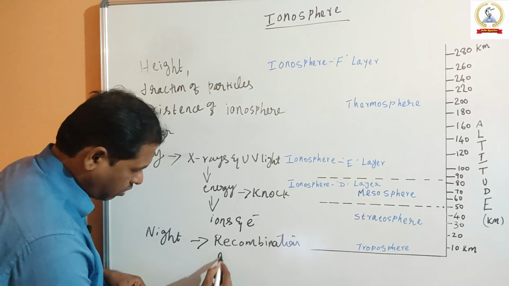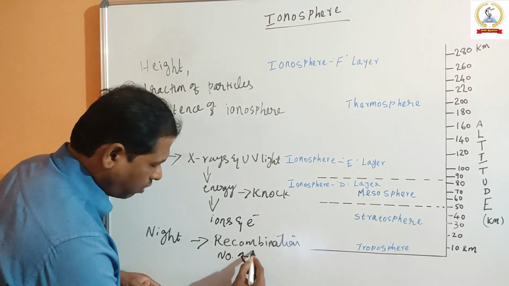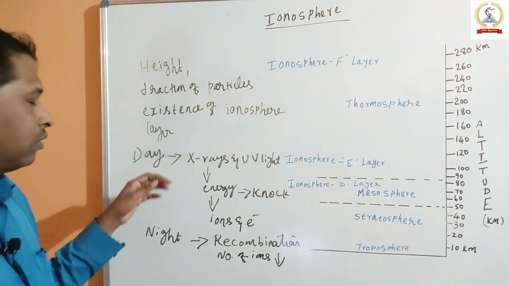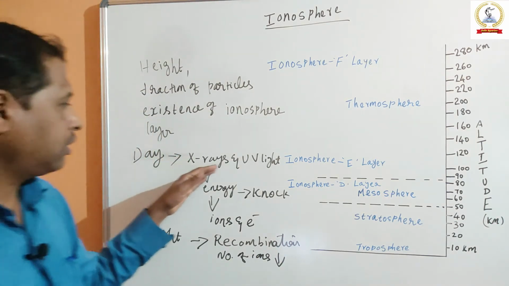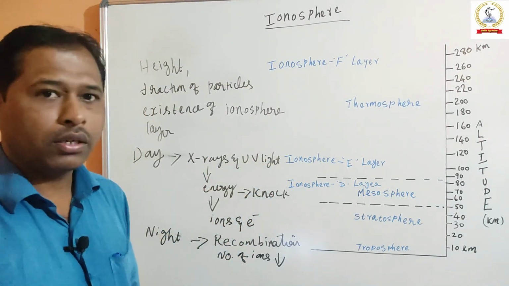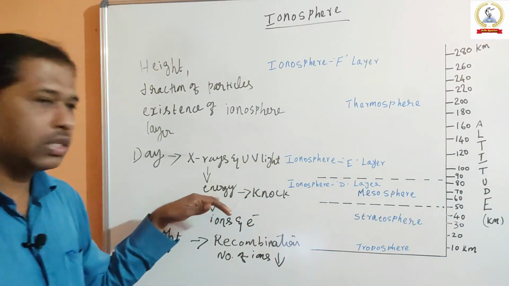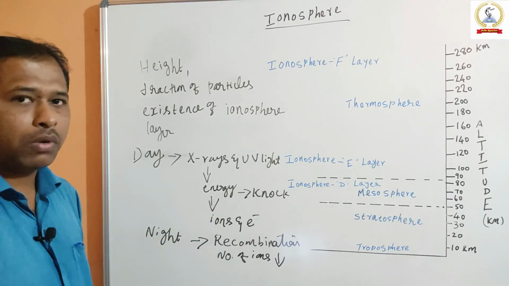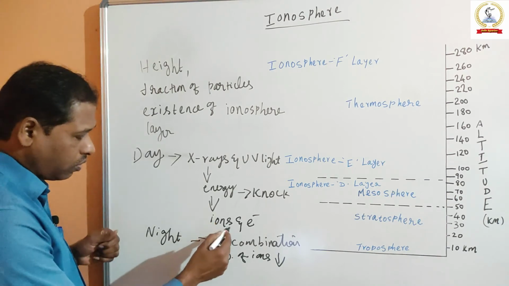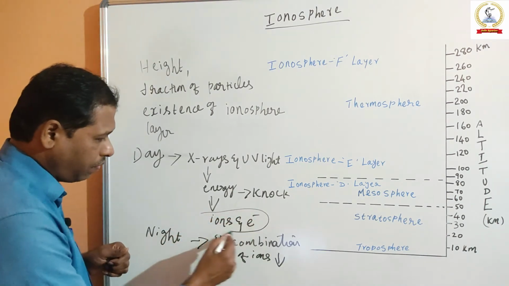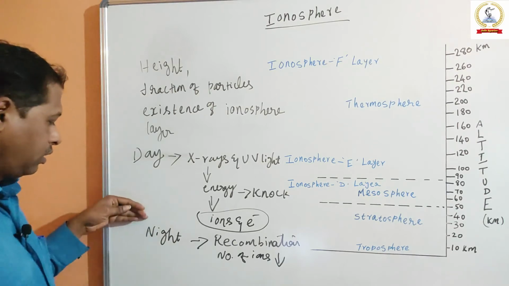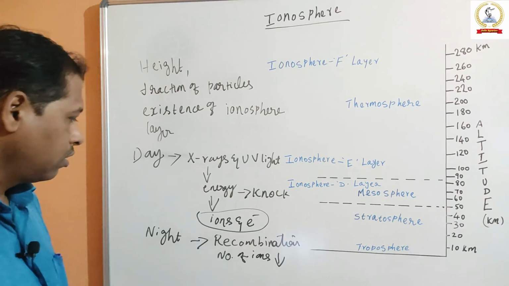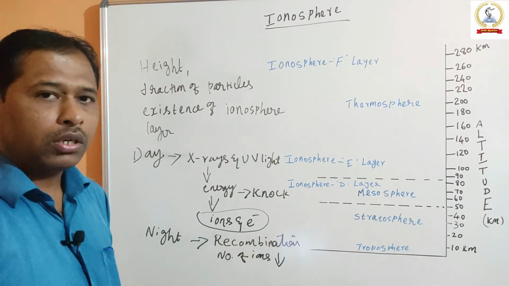During daytime, X-rays and ultraviolet light continuously provide the energy that knocks the atoms and gas molecules and produces more ions and electrons, whereas in night hours, because there is no sunlight, the recombination process takes over.